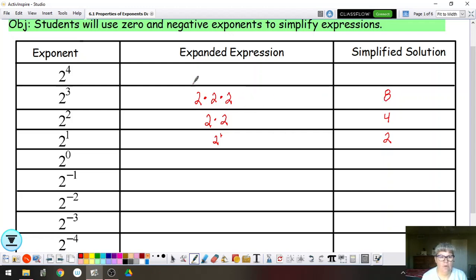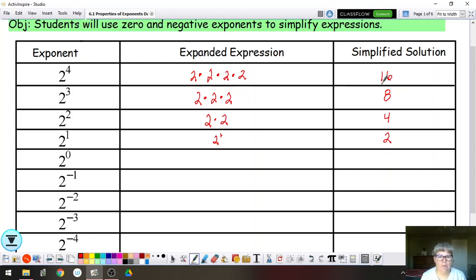And 2 to the fourth power is 2 times 2 times 2 times 2, which is 16. So as the powers of 2 increase, we just multiply by another 2.